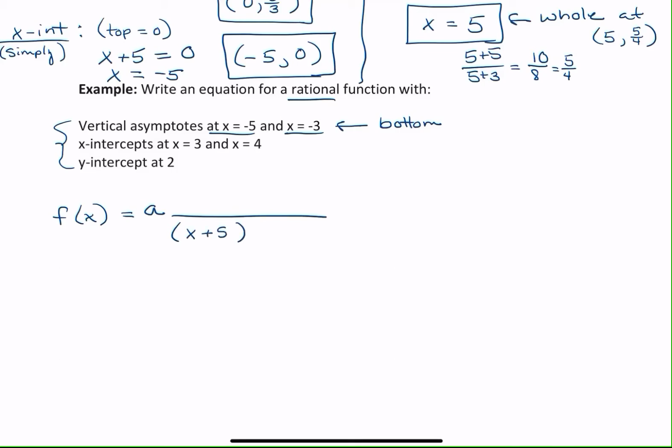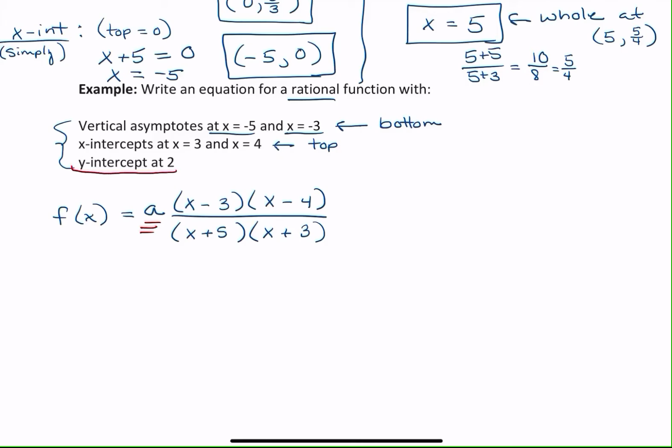And then x equals -3 would be a factor of x plus 3. So they go on the bottom because they're vertical asymptotes. And then the x-intercepts are going to go on the top. Remember, to find x-intercepts, you just have to set the top equal to 0. So writing them as factors, I'm going to have x minus 3 and x minus 4. So I have a rational function right there, but I don't know what a is yet.